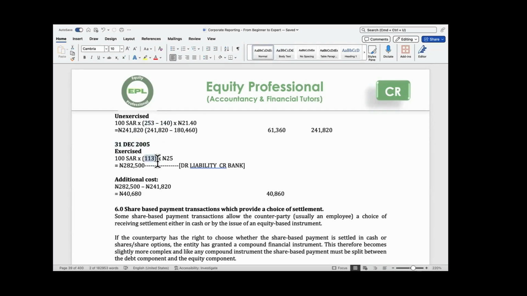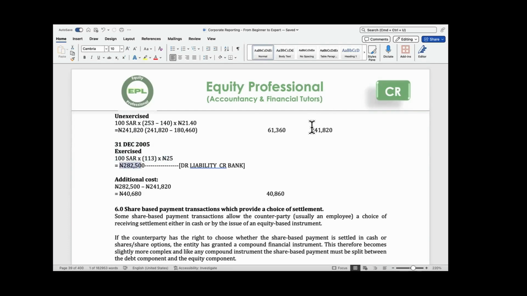Now they have told us that this 113 has exercised. So each of them gets 100, and we're going to pay them at the intrinsic value, which is 25 naira. And that gives us 282,500.